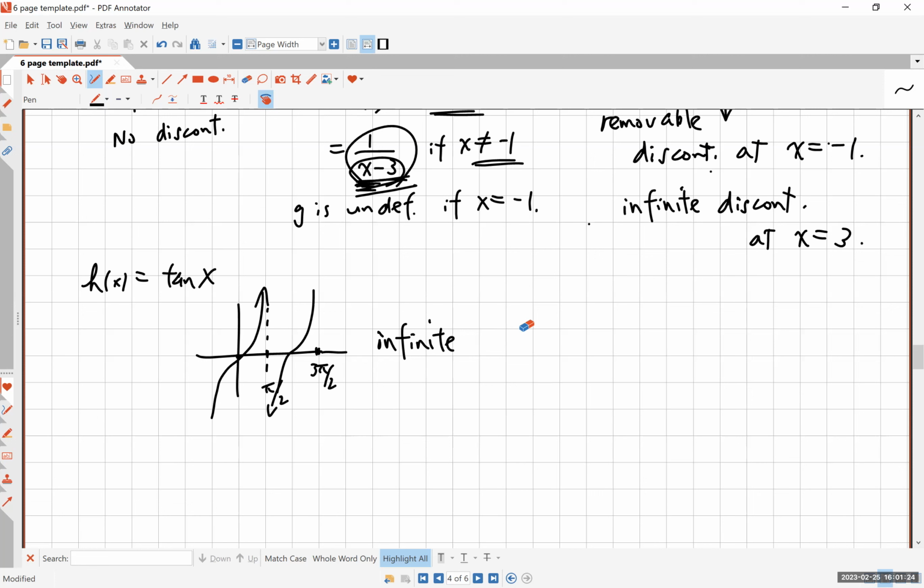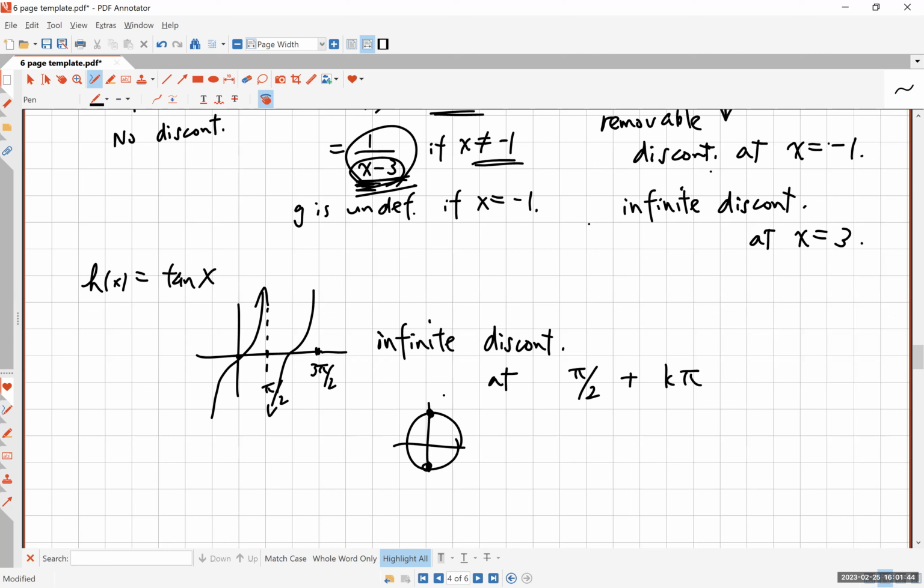Sometimes people call this the discontinuity going to infinity, but it's mostly referred to as the infinite discontinuity at pi over 2 plus k pi, because it happens every 180 degrees.